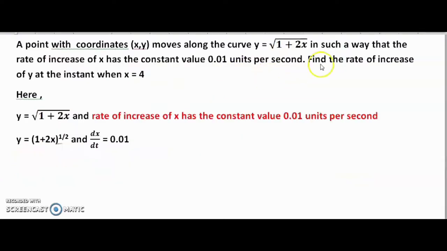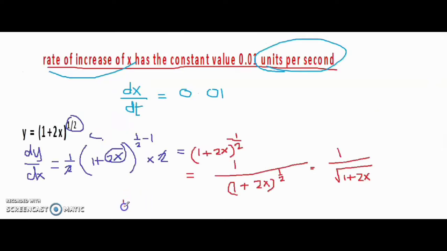Okay, now we have to check the instant value. The instant value of x is 4. So when we replace x as 4 in dy by dx, what do we get?